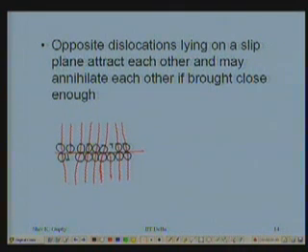I said there is an attraction between them. They would like to come close to each other. Let's say I try to apply a small stress like this, a shear stress, pushing the top part of the crystal to the right, bottom to the left. It's possible that when doing so, the stress may be enough for this atom to bond with this one, so that it comes slightly to the left and this one comes slightly to the right and form a bond. So the part plane comes here.